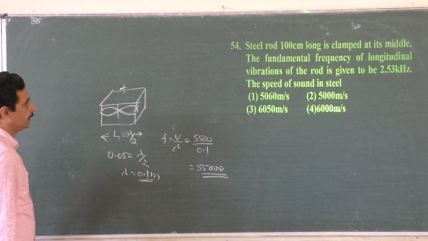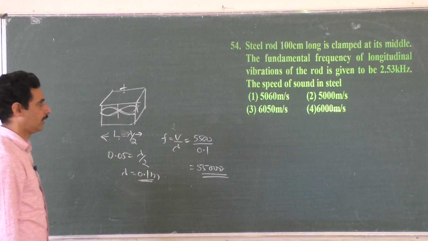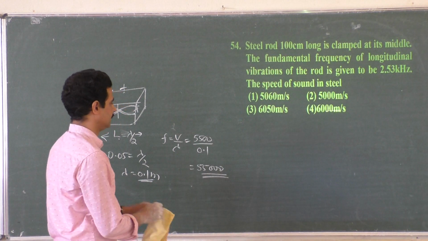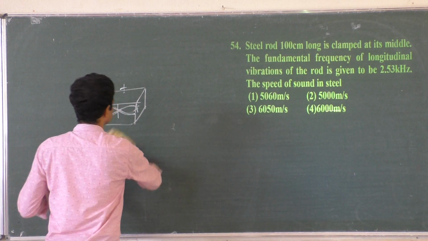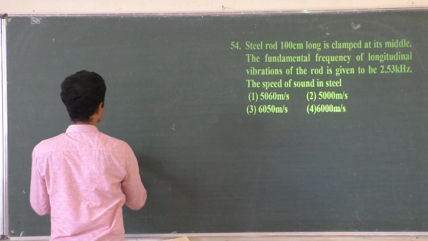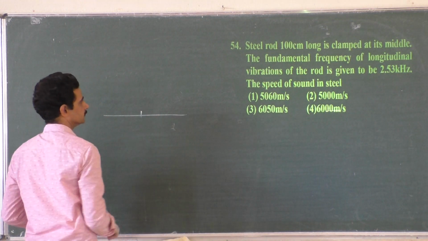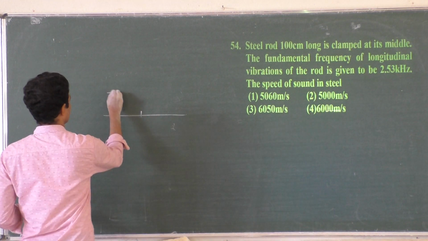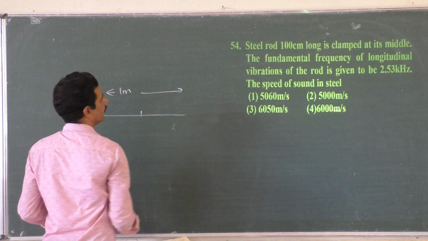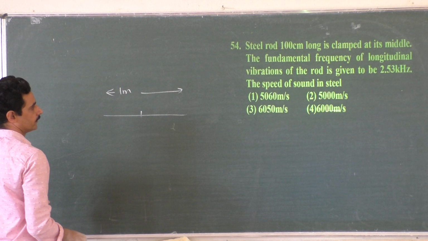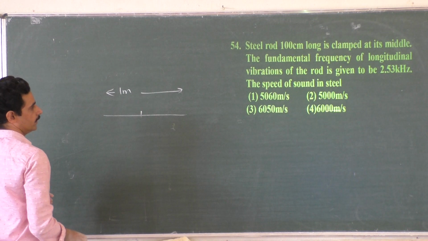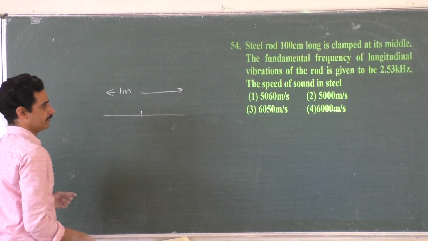54. A steel rod 100 centimeter long is clamped at its middle. The fundamental frequency of longitudinal vibrations of the rod is given to be 2.53 kilohertz.